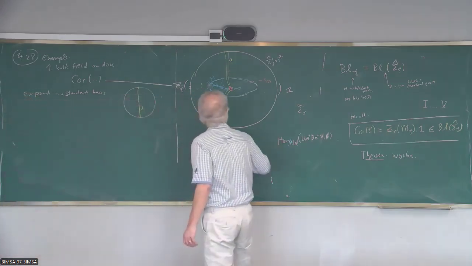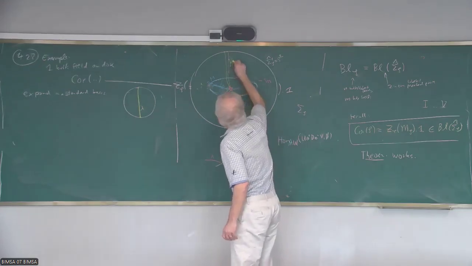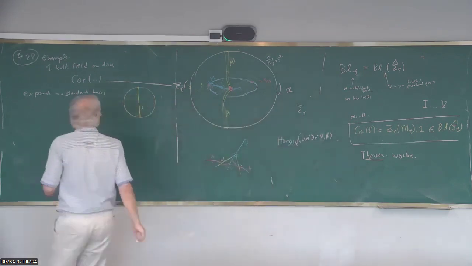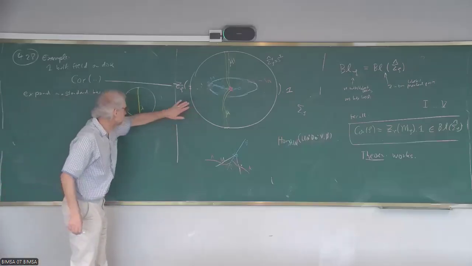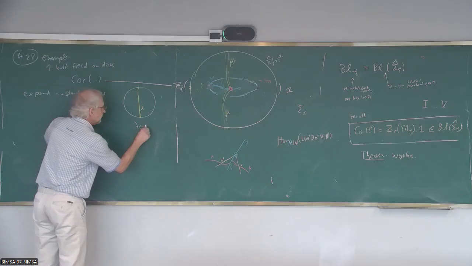And instead of having u and v, I take simple labels, mu and mu prime. And so I can expand this as a linear combination of these for all lambda and lambda.